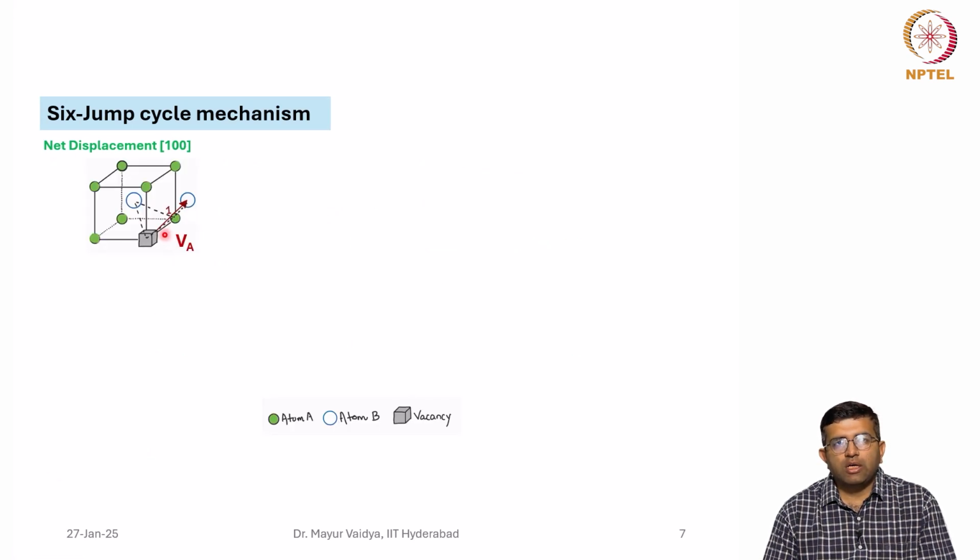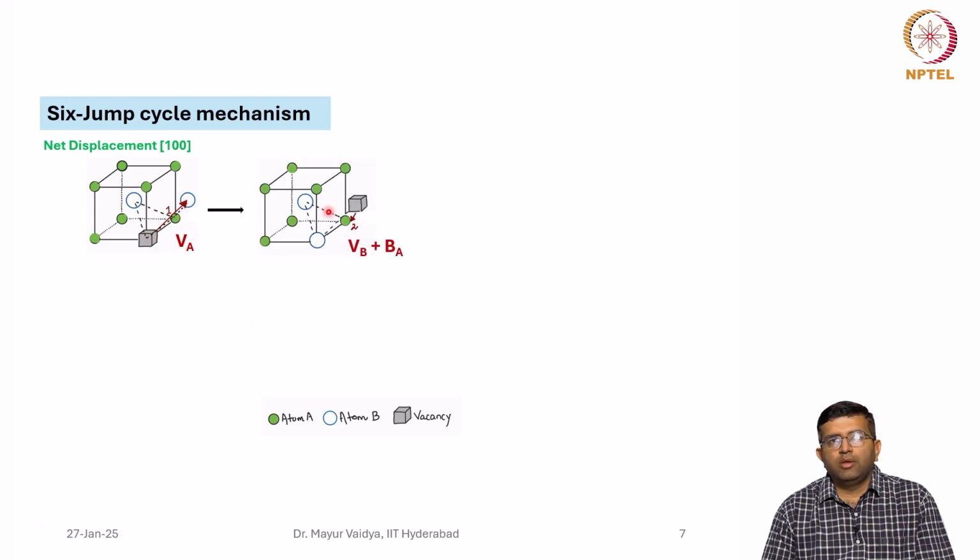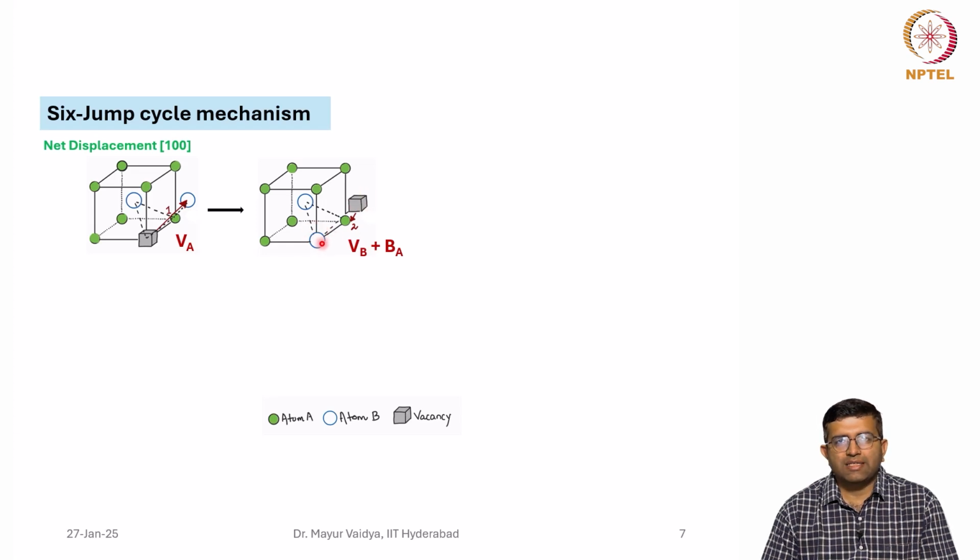Here, for example, this was the situation: you had VA here, and now let us say it exchanges position with this B atom. So, here it becomes VB plus BA. VB means vacancy on the B side, and BA is the B atom occupying the A sublattice. So, that is the anti-site defect.